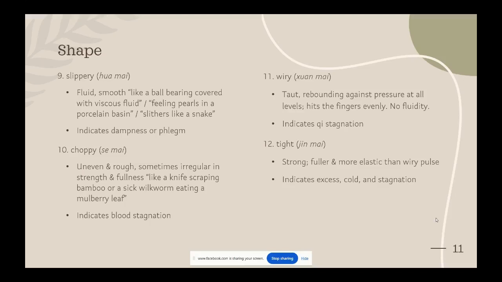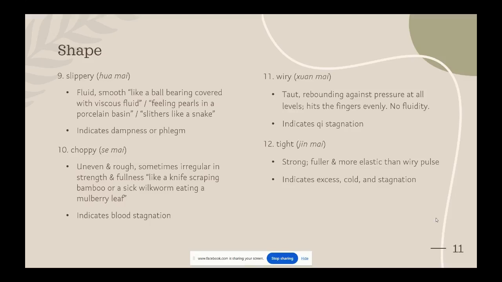And then a tight pulse. I've heard some contradictory things about the tight pulse. I've heard that it's a thin, hard pulse, but it could also apparently be not thin, but with a hardness to it, and more elasticity than a wiry pulse. So just to distinguish it from a wiry pulse, it's not quite as taut.